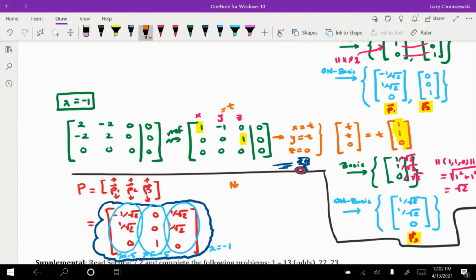So I'll make that a note. P1, P2, P3 is an ON set. Okay, so those 3 vectors form an orthonormal set. And those are the results of the first theorem.